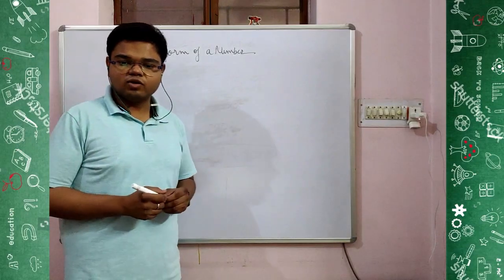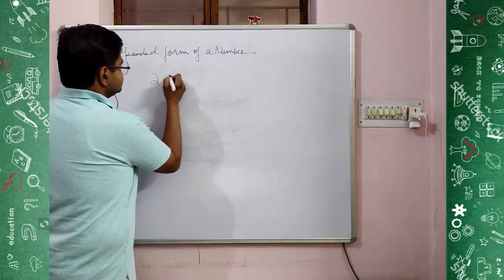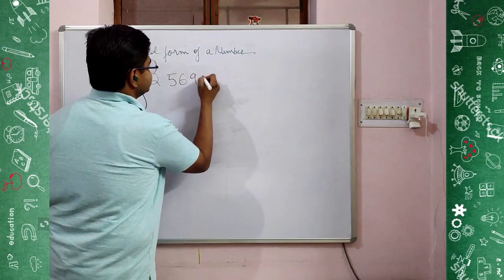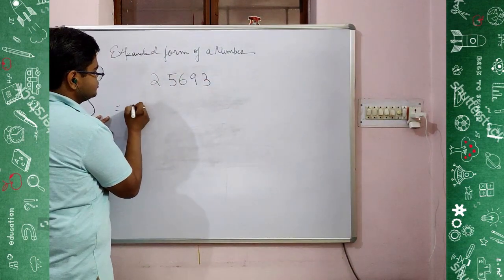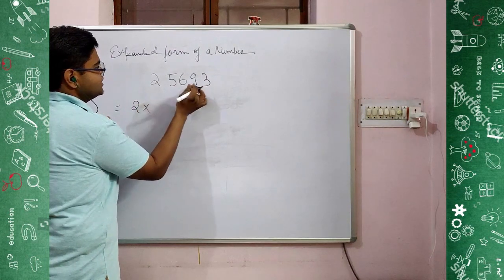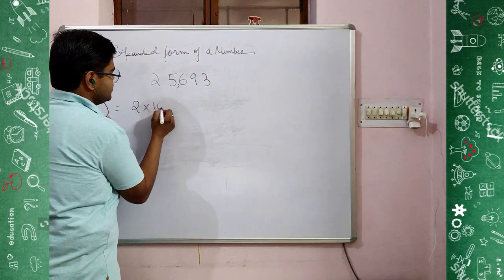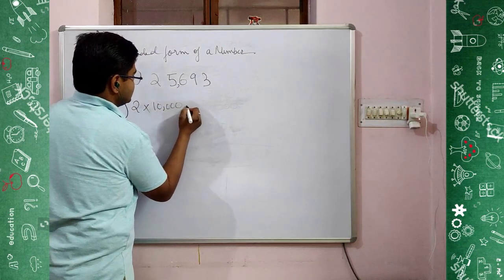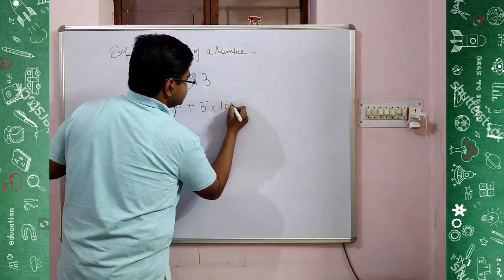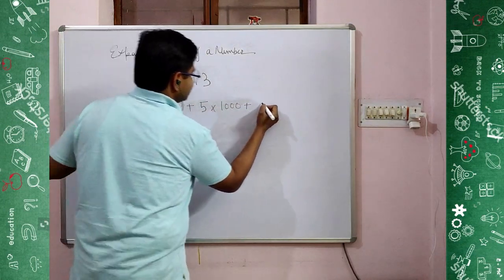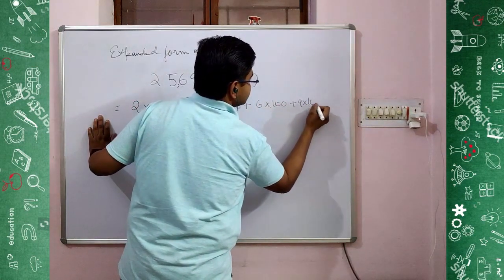Children, we can look at some more examples for expanded form of a number. For example, if I have the number 25693. So how will I write this in its expanded form? 2 into ones, tens, 100, 1000, 10,000. 2 into 10,000 plus 5 into 1000 plus 6 into 100 plus 9 into 10 plus 3.